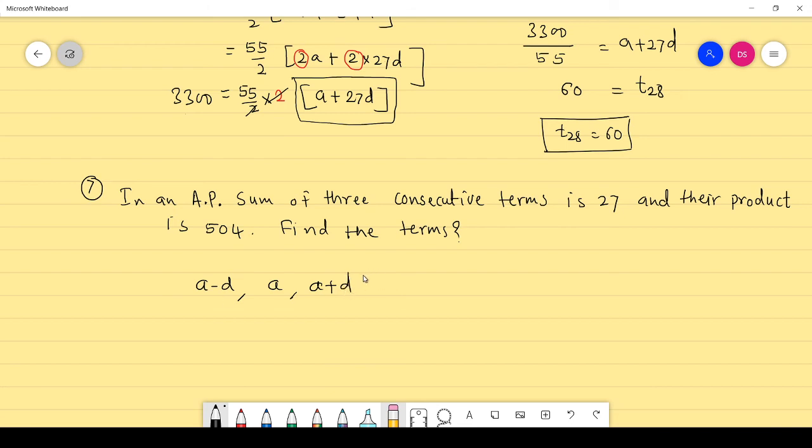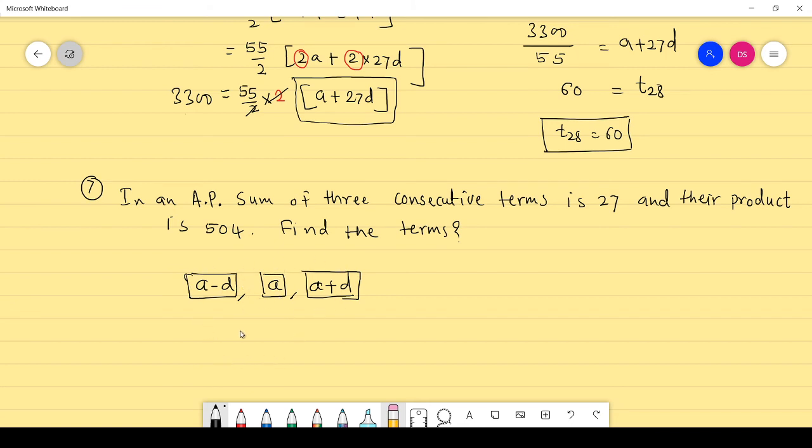It is already given in the hint, right? Now, why will they be three consecutive terms? You will get the idea by the end of the solution of this particular problem.